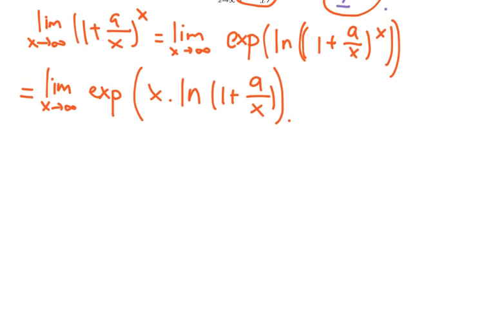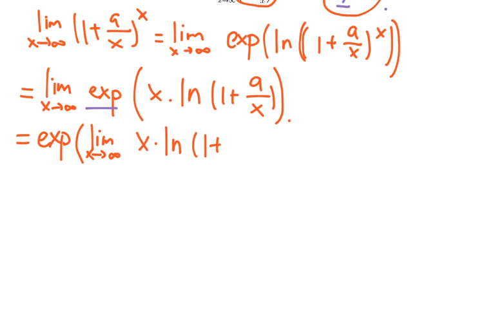Alright. And then, because the exponential function is a continuous function, we can switch the limit and the inner argument. Then we will have this equal to the exponential of the limit as x goes to infinity of x times natural log of 1 + a/x.